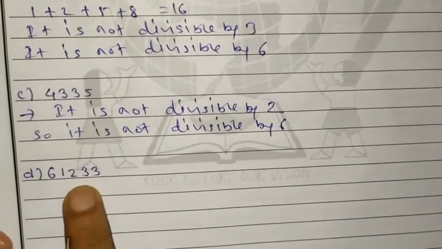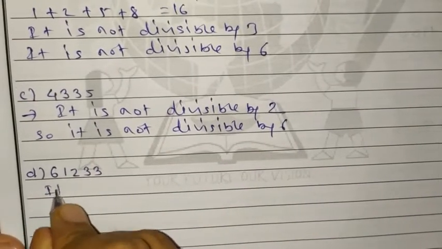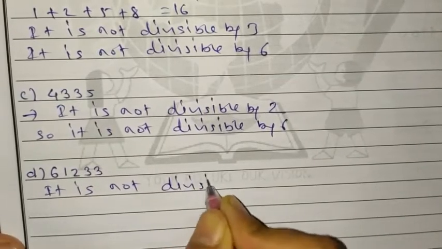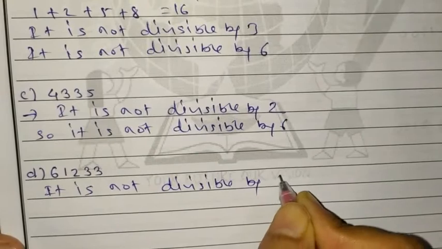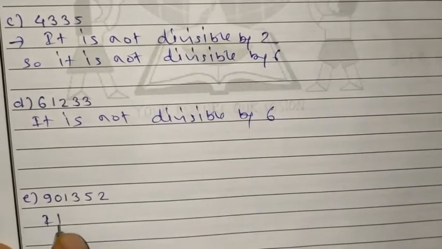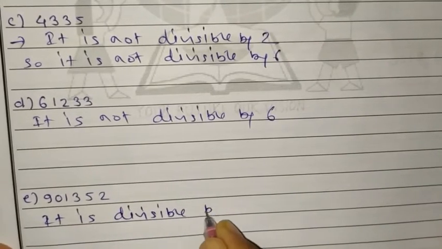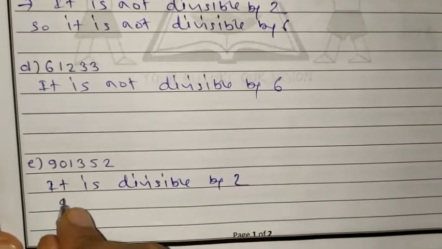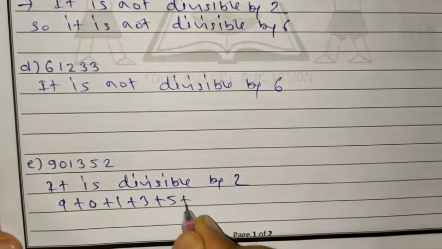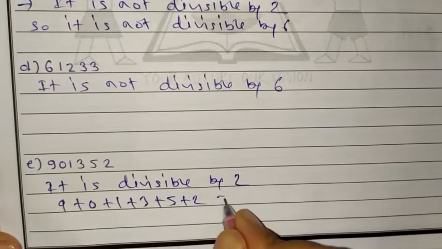Then here it is an odd number, so directly you can write it is not divisible by 6. Here it is an even number, so it is divisible by 2. And what about 3? Do the addition. 5 plus 2 is 7, 7 plus 3 is 10, here 11, it is 20.